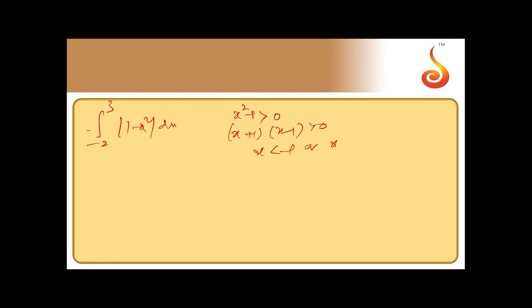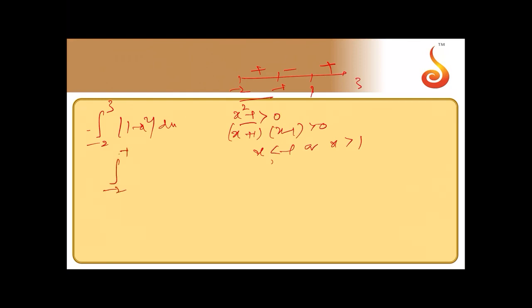X must be less than minus 1 or x must be greater than plus 1. Throughout the interval minus 2 to 3, let me split into parts: up to minus 1, then minus 1 to 1, and 1 to 3. So minus 2 to minus 1 is positive, minus 1 to 1 is negative, and 1 to 3 is positive. So split into 3 parts.